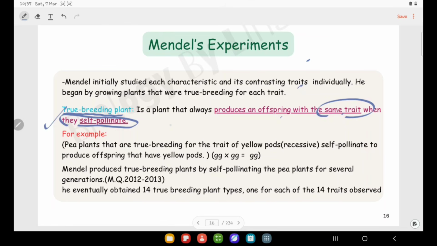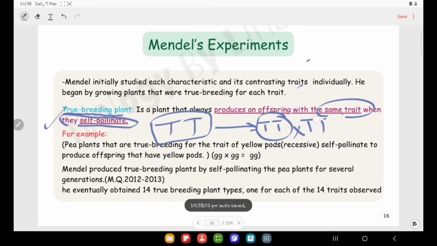For example, we can say T capital T capital. This is true breeding. It's pure, it's homozygous, and he did it for many generations in order to finally obtain all the plants as T capital, and they are pure. If we cross them many times, they only produce the same traits as the parents.